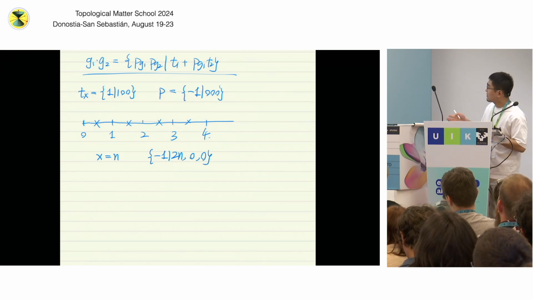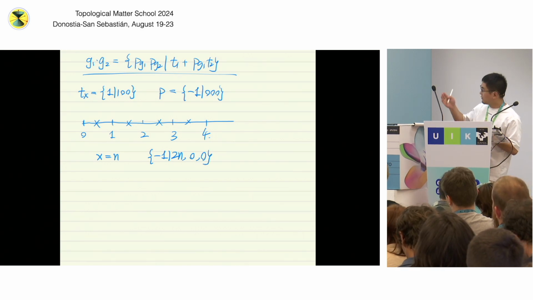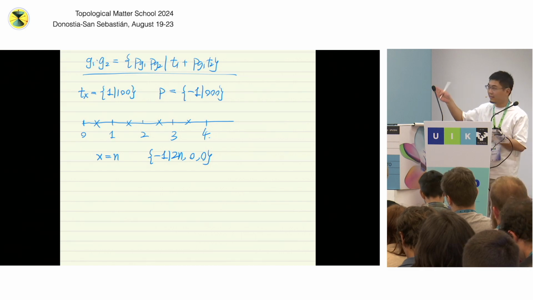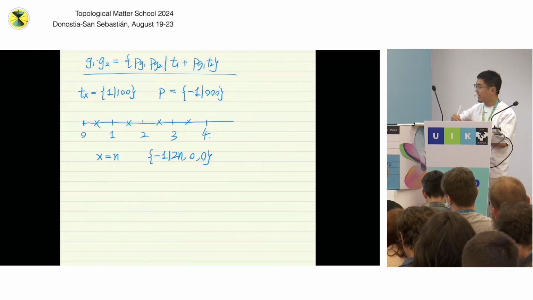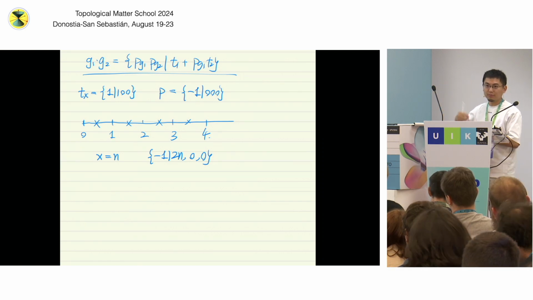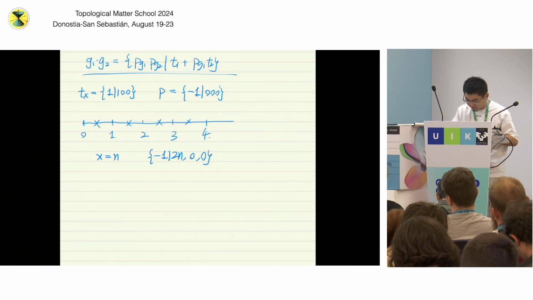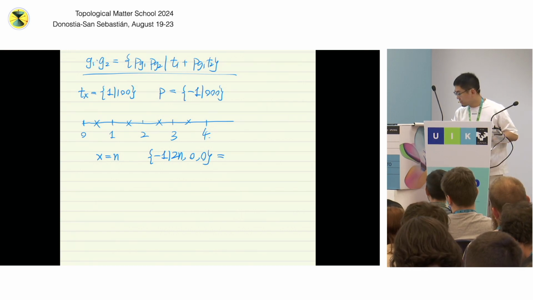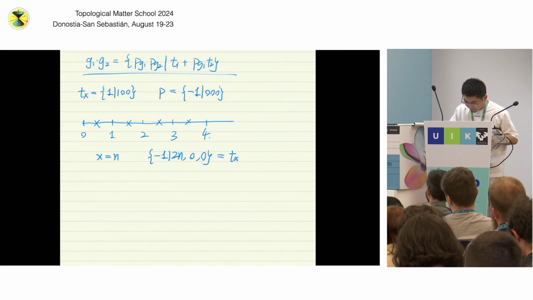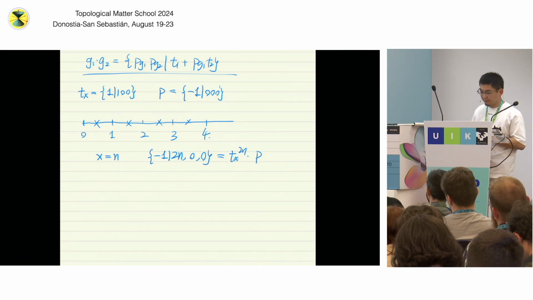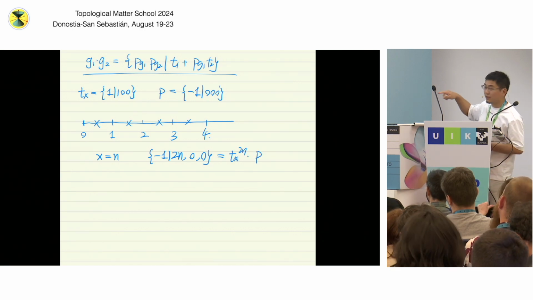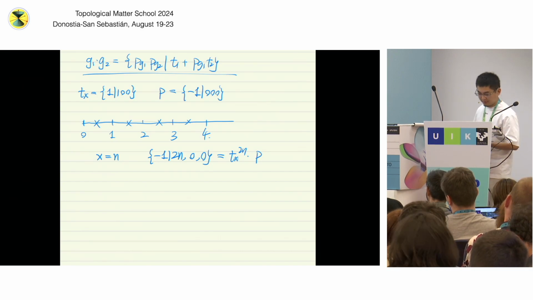We can verify this immediately. When we first apply this -1 to x, we get -n, right? Then we add 2n, so we go back to n. So it's invariant under this operation. And this operation can be written as the inversion followed by a translation of 2n times, right?